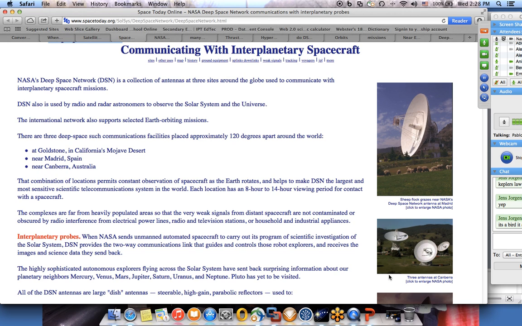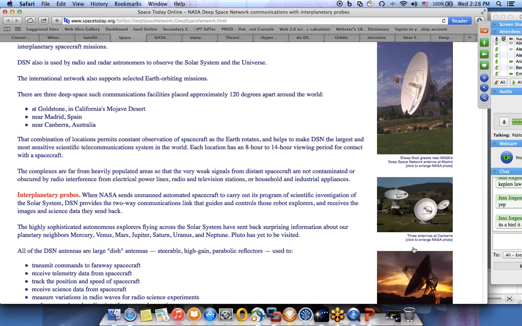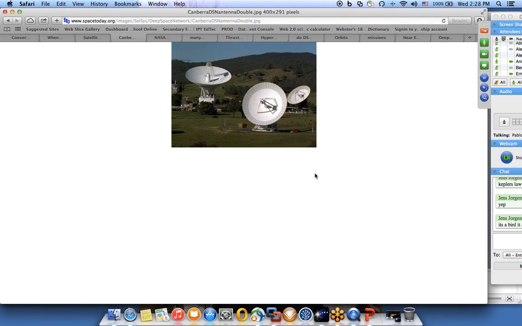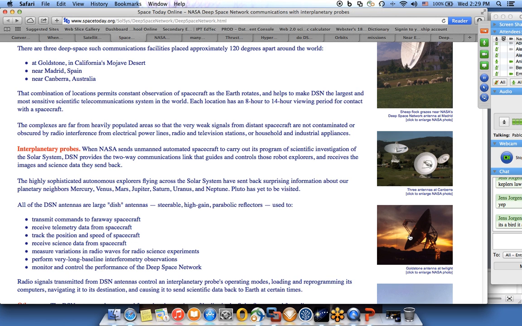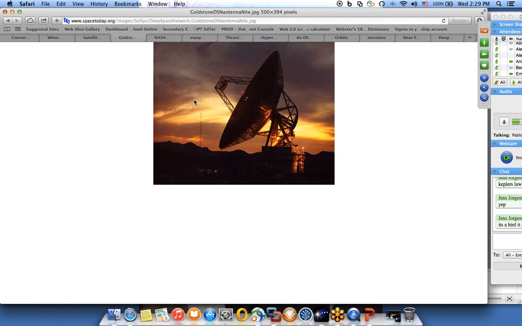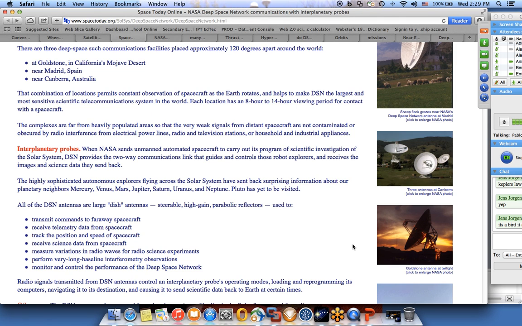This is that one. There's one in Canberra, Australia, and the other one is in California, in the Mojave Desert. So it's a very dry place.